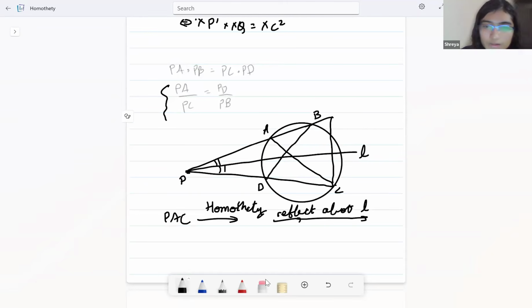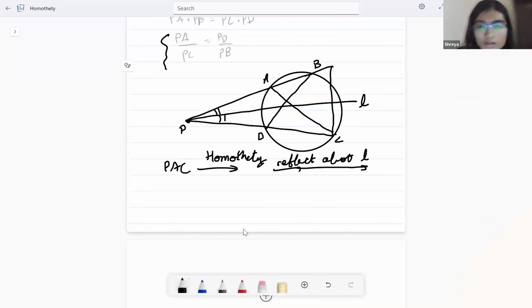So what happens if you do this? We can choose the ratio for the homothety in a way that this thing goes to PSC, so PTB.